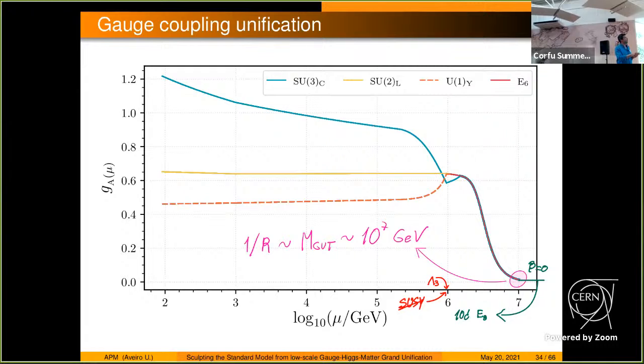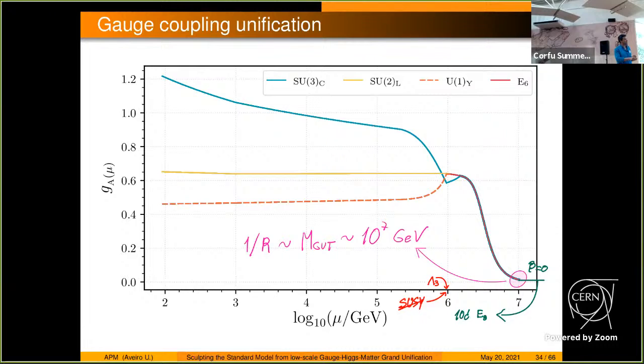And you can have this meeting, then you have the six-dimensional running at this stage. And when you get to the compactification scale, you go to a super Yang-Mills theory, which has zero beta functions. So it will run constantly all the way up. But the important thing here is to say that here we achieve this unification.